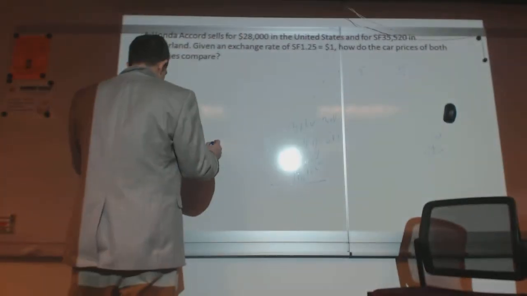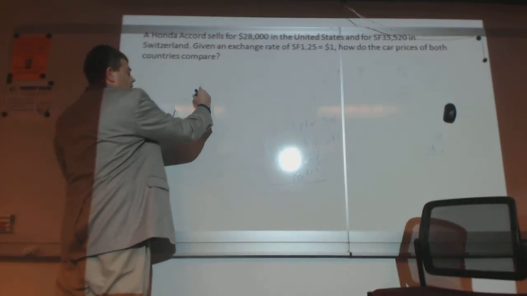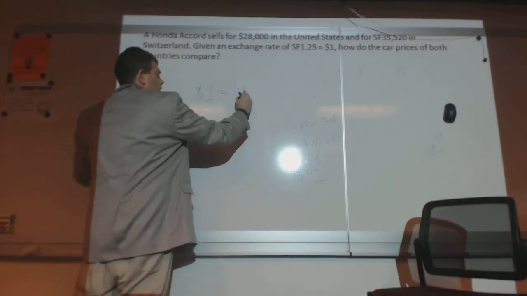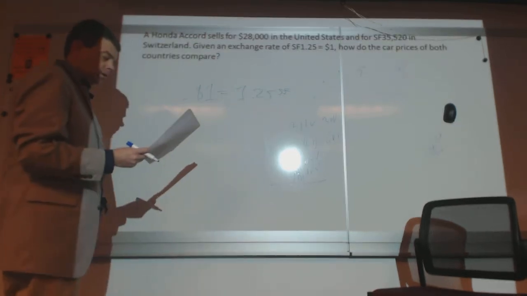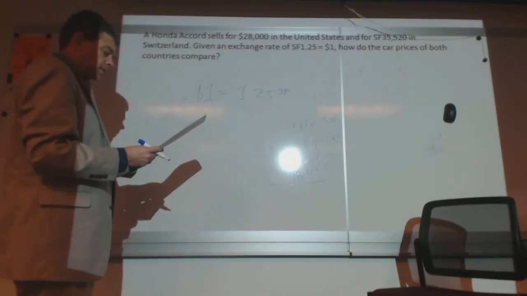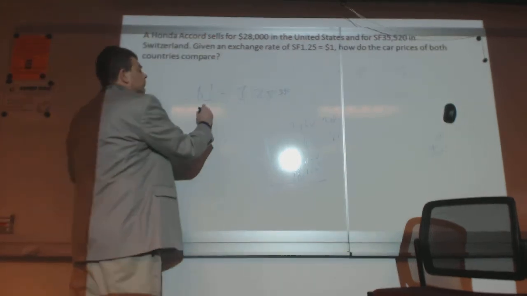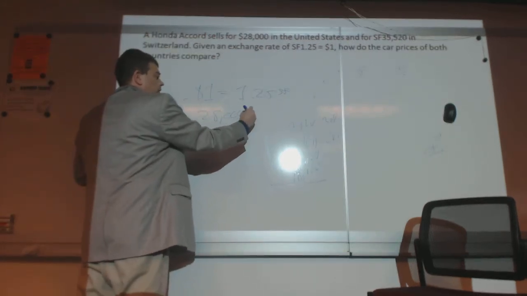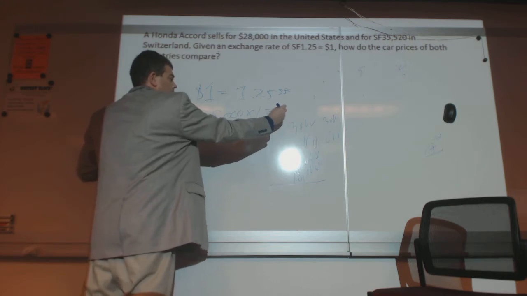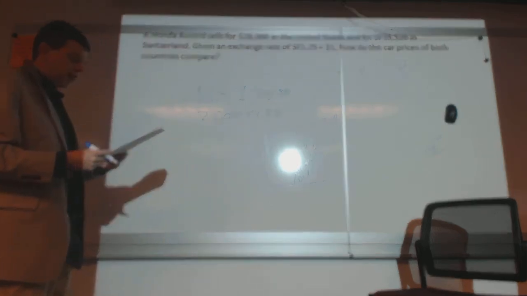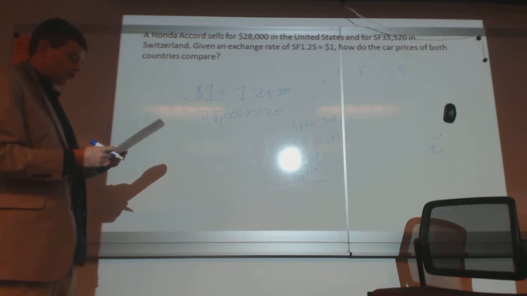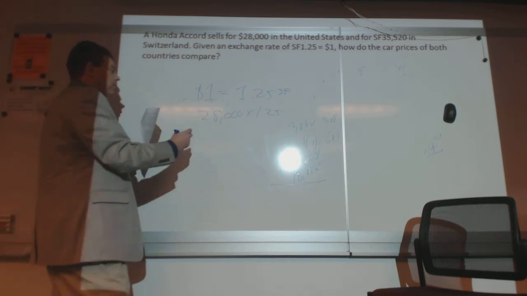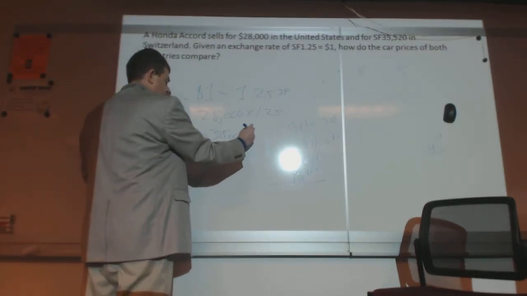So, if $1 is equal to 1.25 Swiss francs, we're going to take 28,000 times 1.25. So precisely, what does the car cost in Swiss francs? 35,000 Swiss francs, right?